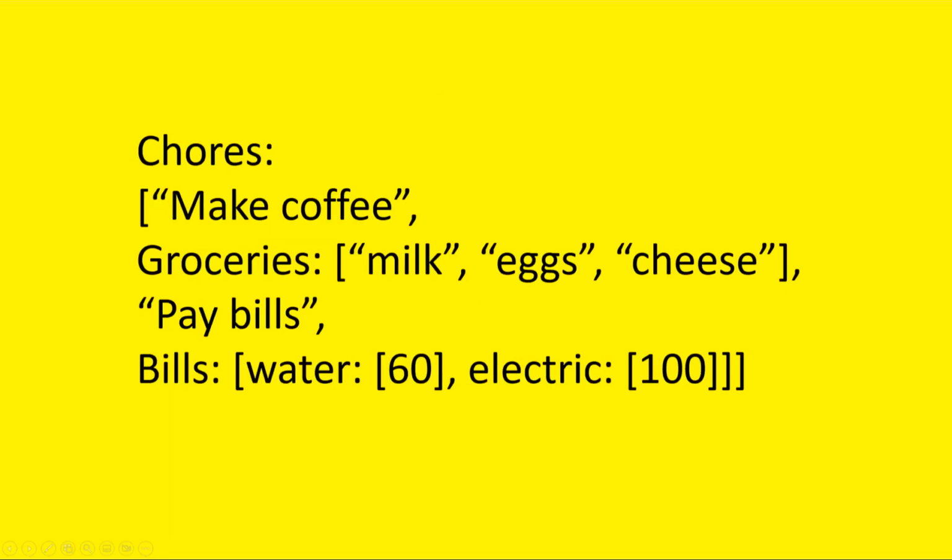Chores: make coffee, groceries, pay bills, bills. Notice that the chores list contains string data, numeric data, and we've also got nested lists there. So that's the list document type.